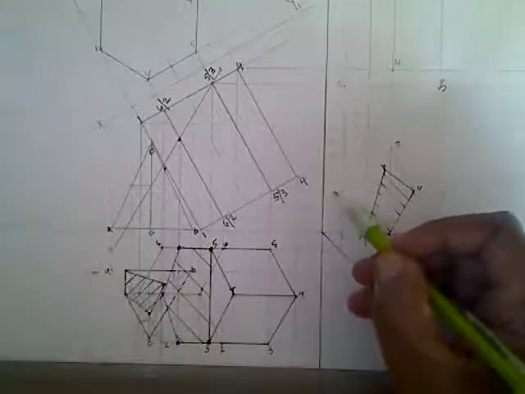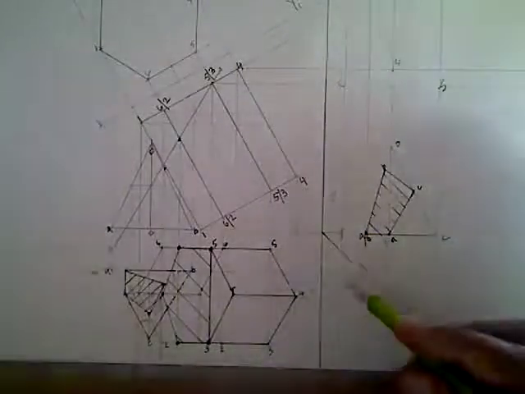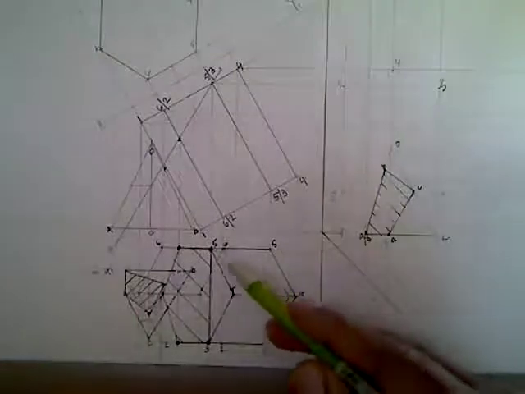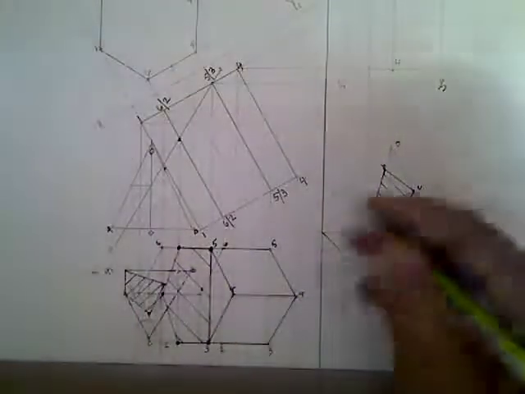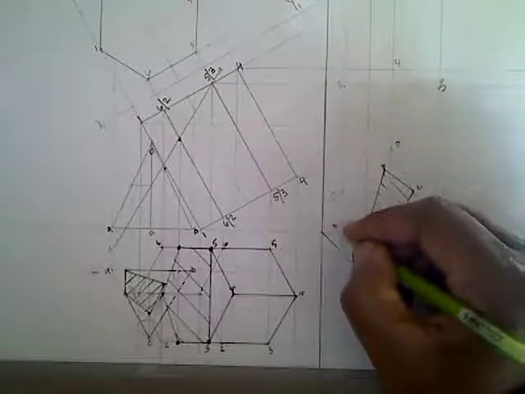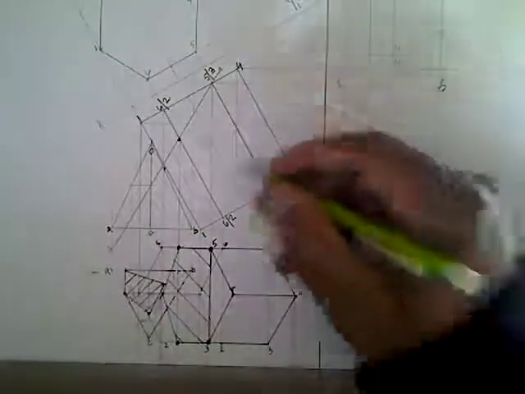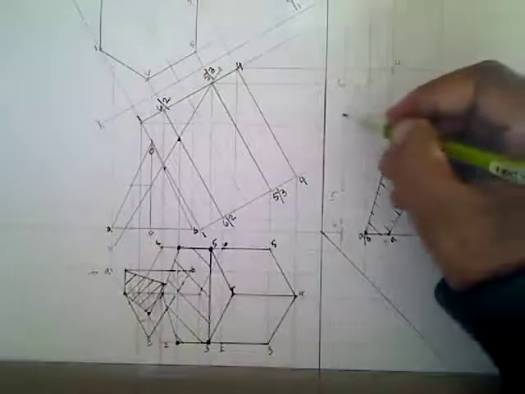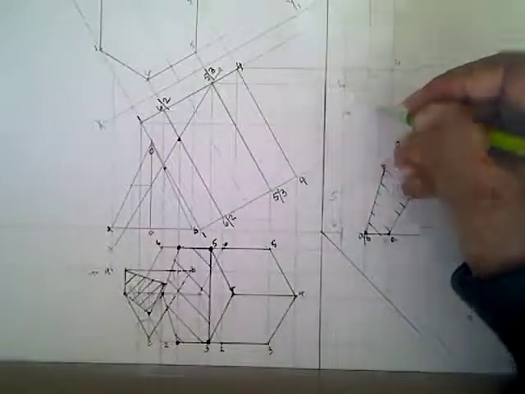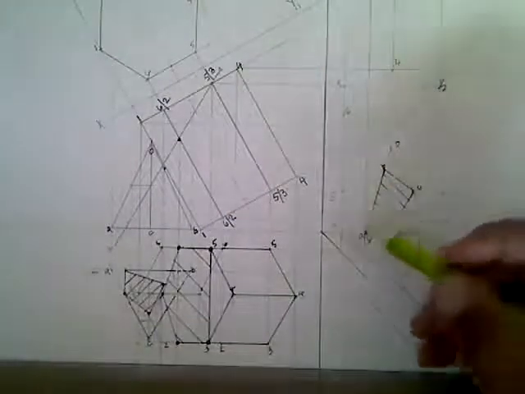Let's look at 6. 6 is also here in line with 5. There is 6, there is 6 here, and there is 6.